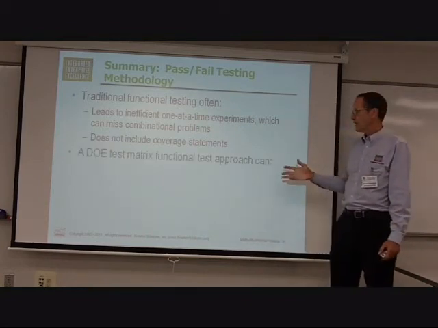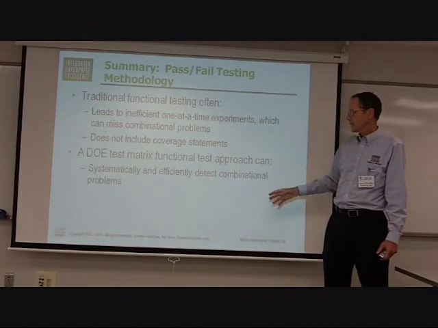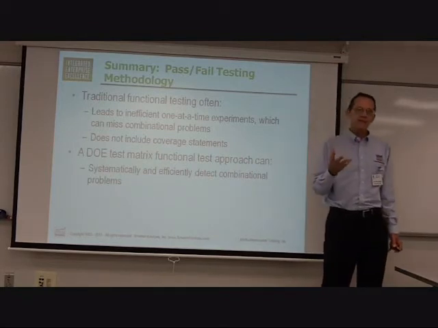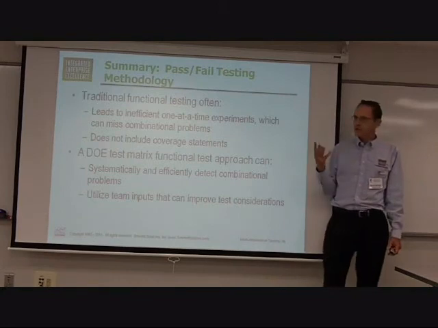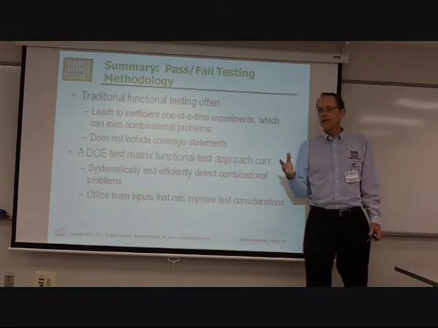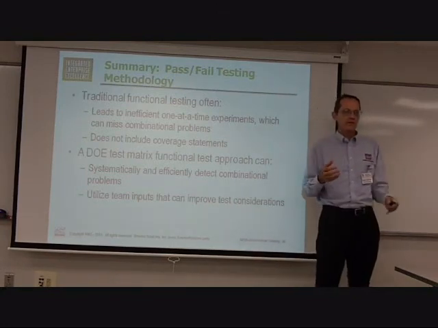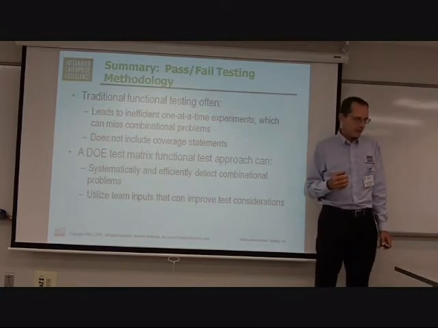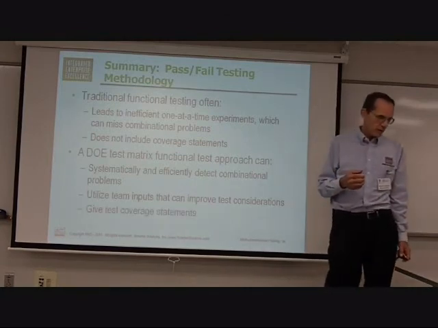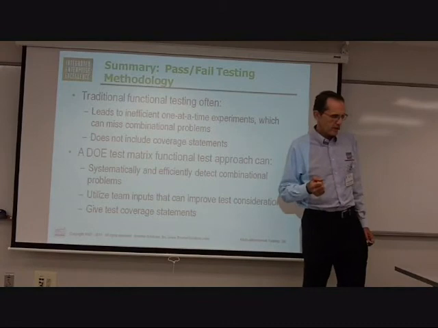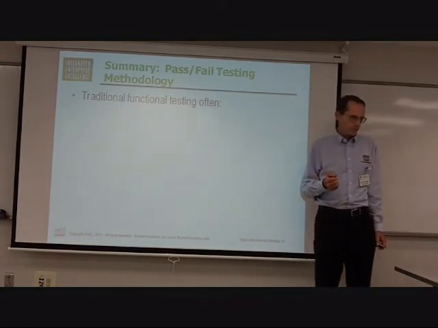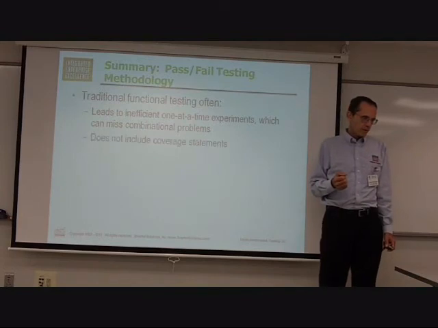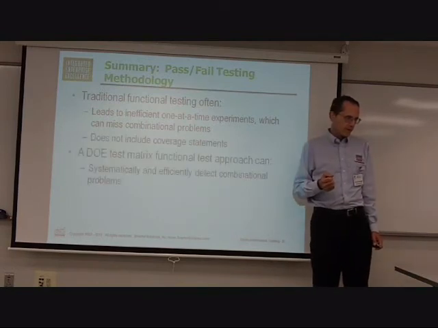So this DOE test matrix approach can systematically test these combinational problems, and can also be used to utilize team inputs to actually figure out what particular combinations of things you're going to do. And it can give you, like I said, the test coverage statements.